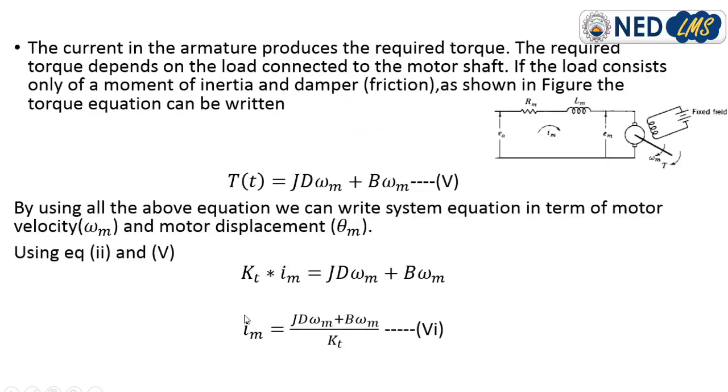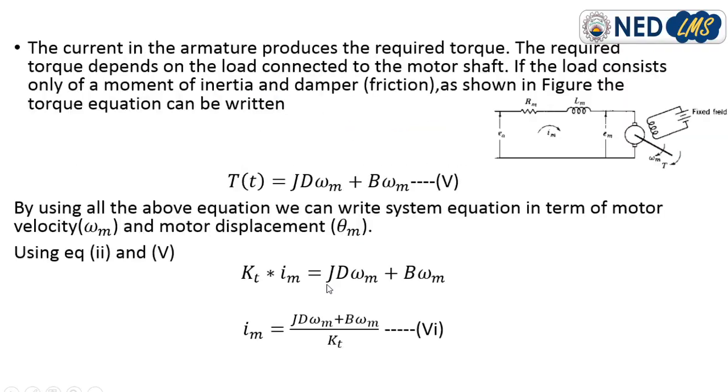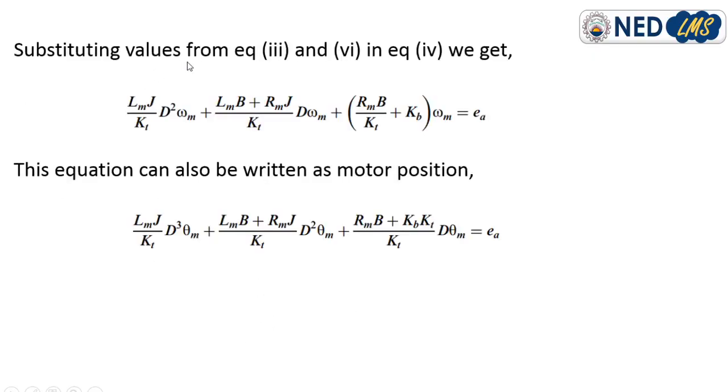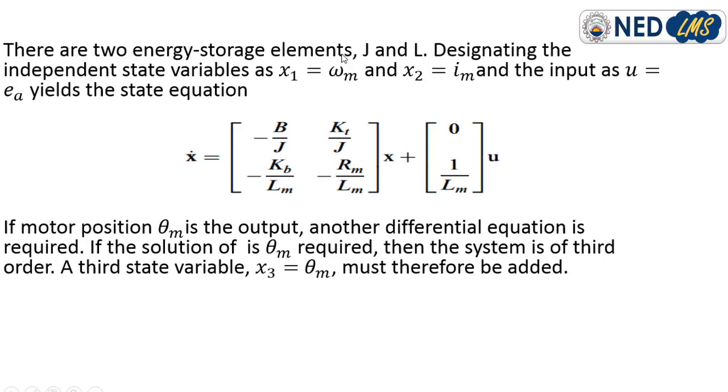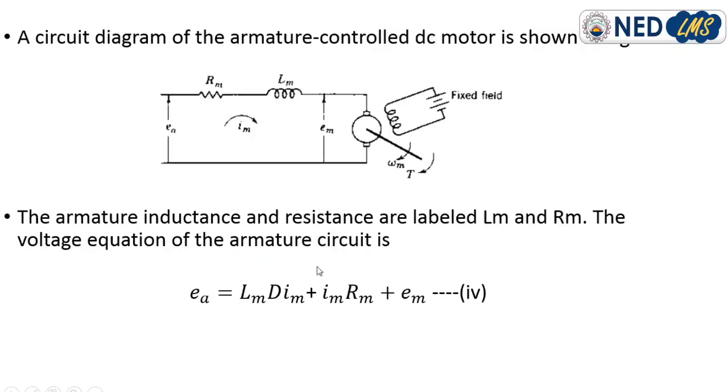I can evaluate the value of Im from this equation and substitute it in equation number 4. So, using equations 2 and 5, I evaluated this Im, and substituting values from 3 and 6 into equation number 4, we get this equation.